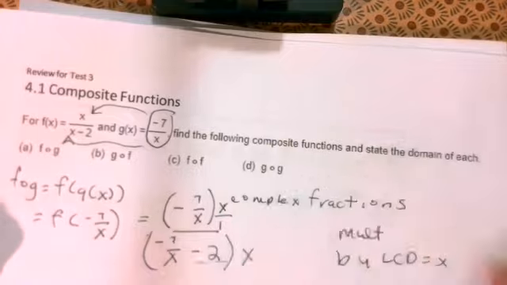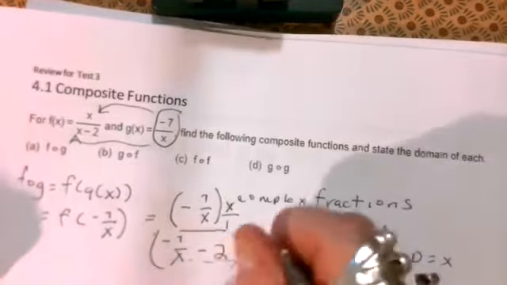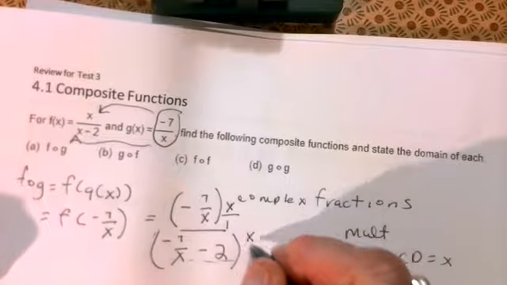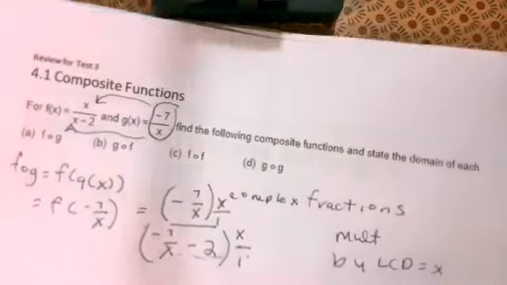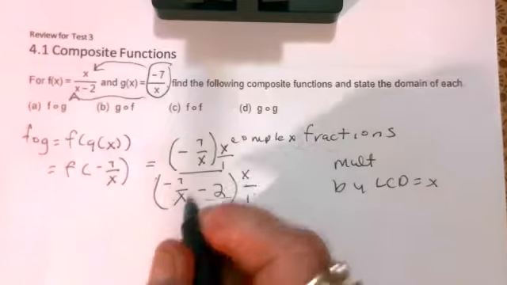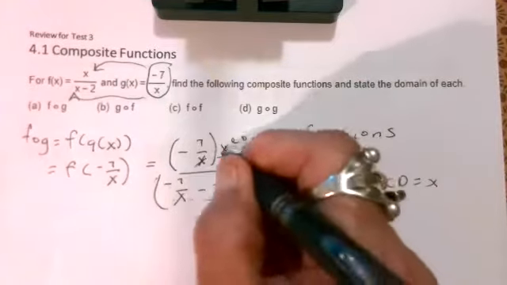And see, really, it's like we're multiplying by x over 1. And you know, if you multiply by the same thing in the numerator as the denominator, as long as you're not multiplying by 0, it's really like you're just multiplying by 1. And so it doesn't change the expression. So what will happen is this will cancel.